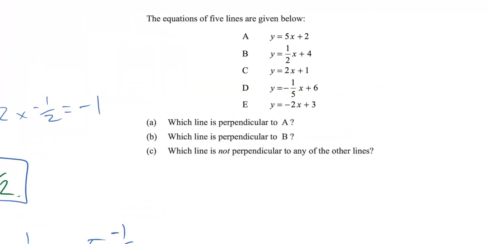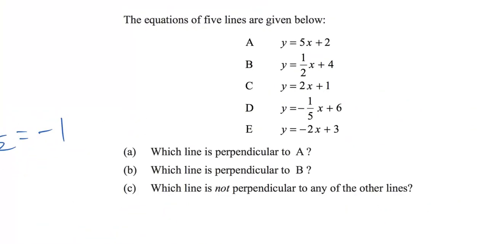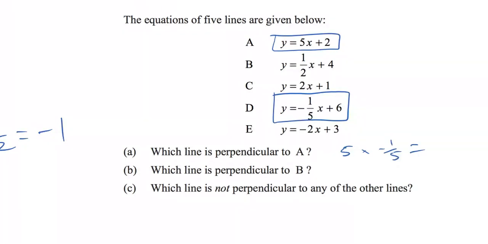Okay, so let's take a look at these 5 lines here and see if we can find some that are perpendicular. So the first question is, what's perpendicular to A? Well, A has a gradient of 5, so a perpendicular line is going to be one with a gradient of minus 1 over 5, and clearly that is D. Think about it. If I did 5 multiplied by minus 1 over 5, that's going to give me minus 1. What about B?